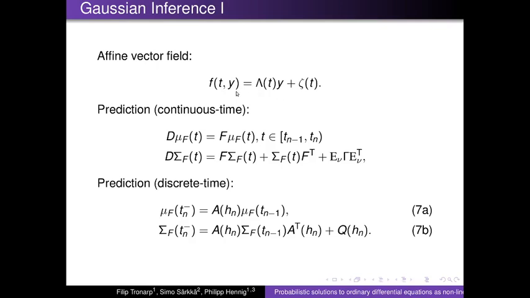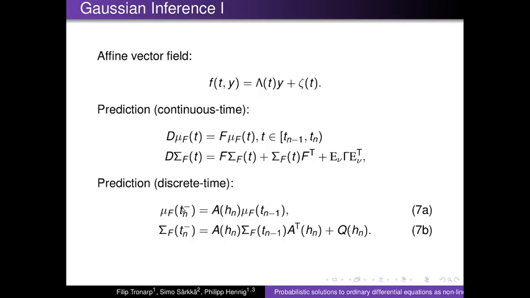What happens then is we track first some mean vector μ and some covariance matrix Σ forwards in time, and they solve these differential equations between the grid points, and in discrete time we can of course just write it as a product with the discrete time transition matrix and some extra stuff for the covariance.